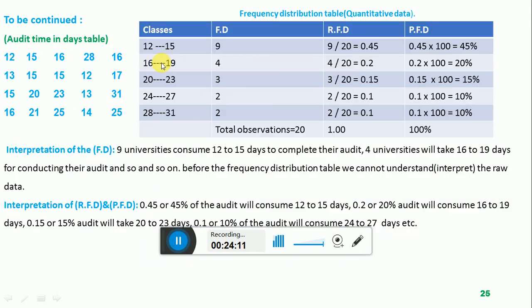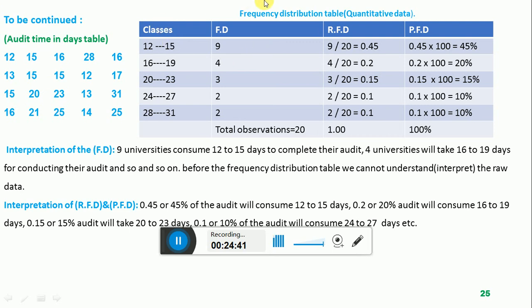Now we are switching toward the interpretation. Let me elaborate further on what we learn and what the achievements are when we develop the frequency distribution table. This is the audit time in days table, raw data, a large data set which is non-interpretable, from which we cannot understand anything or say anything.